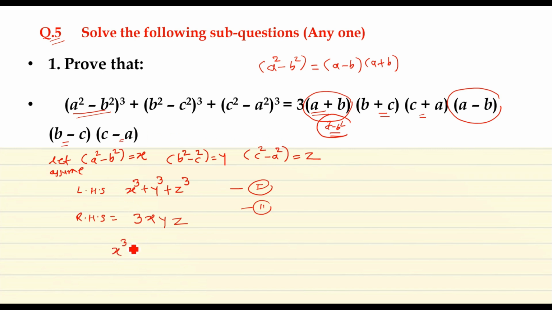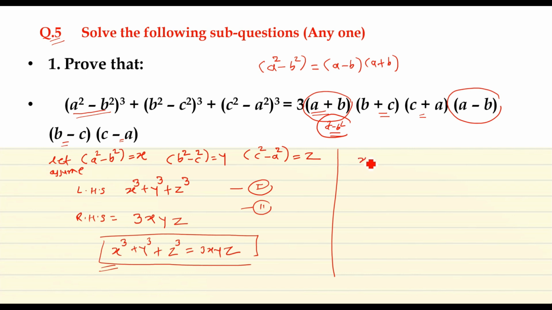It means x cube plus y cube plus z cube is equal to 3xyz, and here we can prove that this is equal to the right side. Similarly, if you take x plus y plus z and add it, what is x plus y plus z?